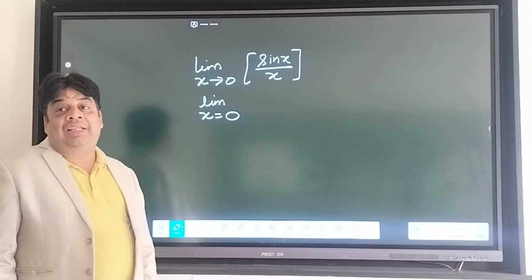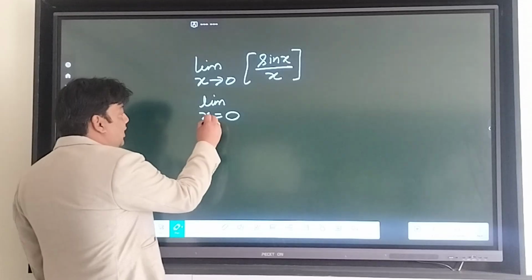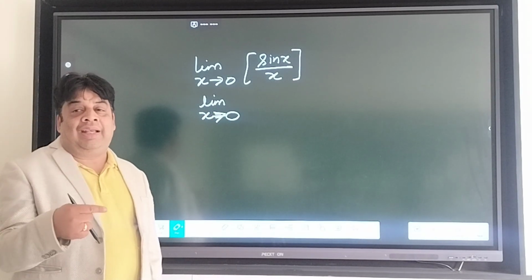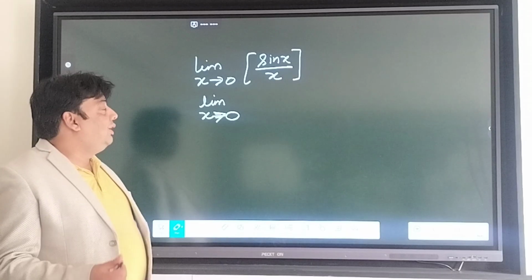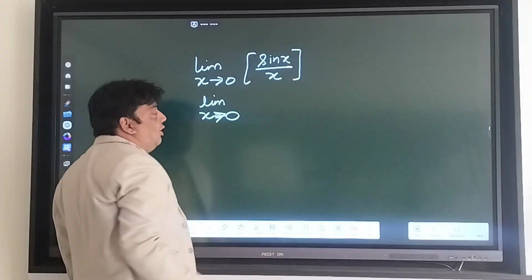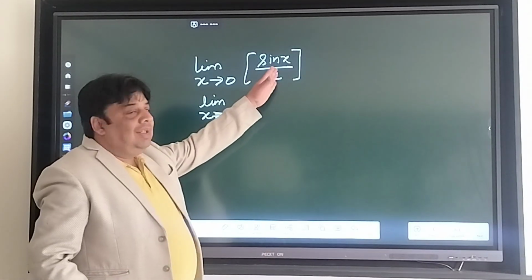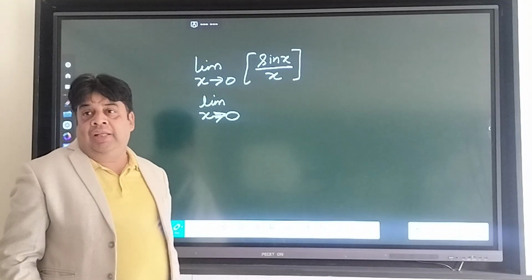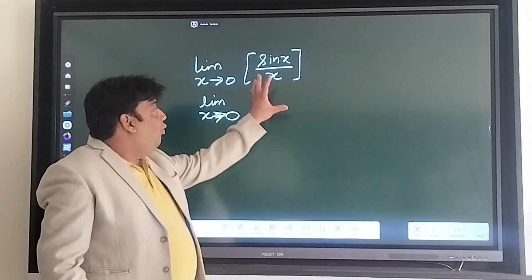It is written as limit x tending to 0, meaning x is not exactly 0, it is tending to 0. Either it is slightly greater than 0 or slightly less than 0. So if a student knows that sin x by x is 1 and writes that the greatest integer of this value is 1, it is not necessarily true. Now we need to figure out what kind of value it will have.